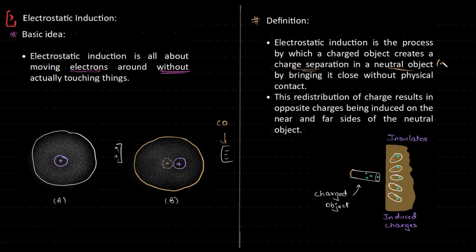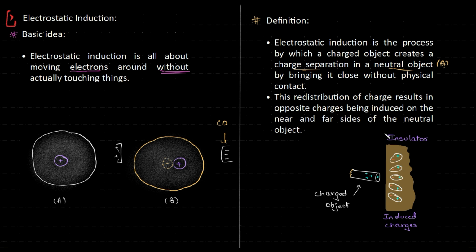Figure A gives you your neutral scenario. And when we bring a charge, that is case B, we have the redistribution this way. This redistribution of charges results in opposite charges being induced on the near and far side of the neutral object.